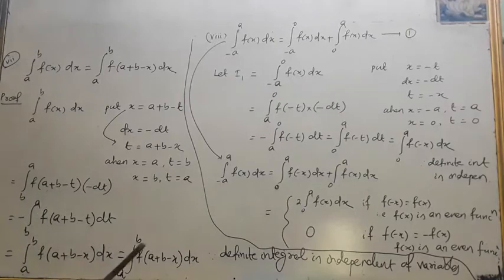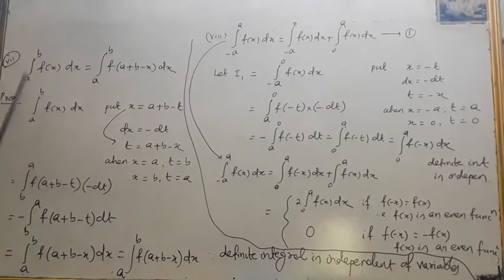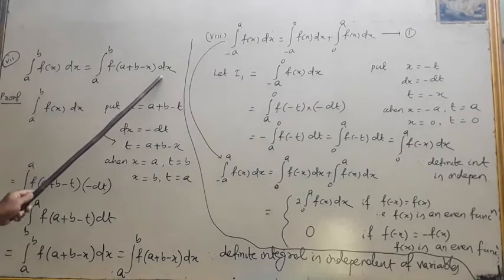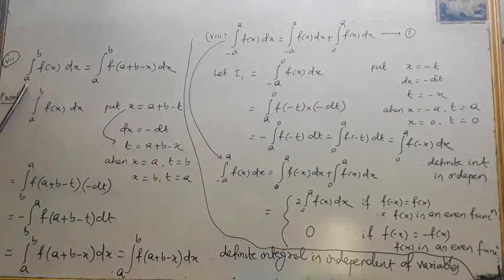Look here. Integral a to b f(x) dx is equal to integral a to b f(a plus b minus x) dx. It is a very important property from the exam point of view.